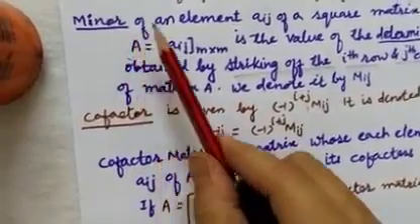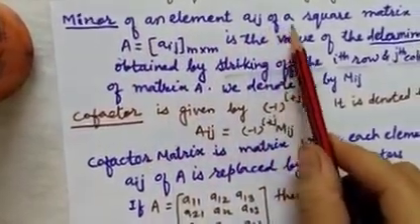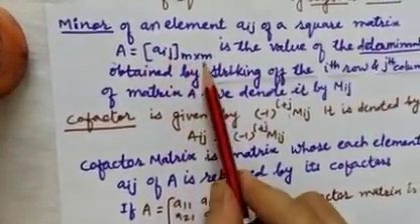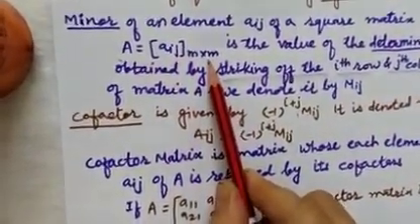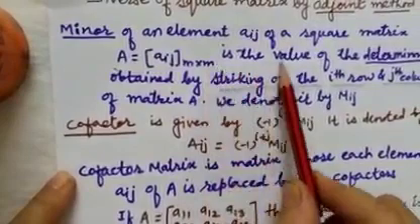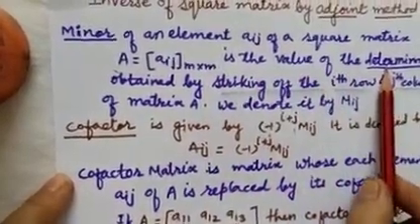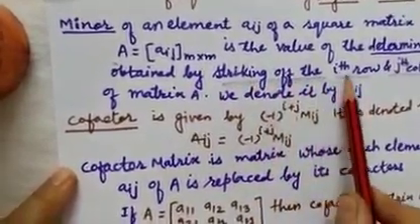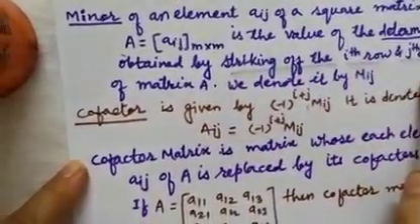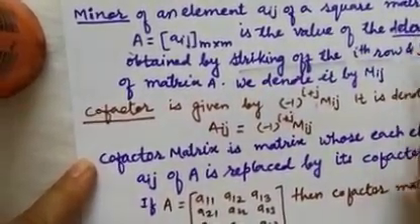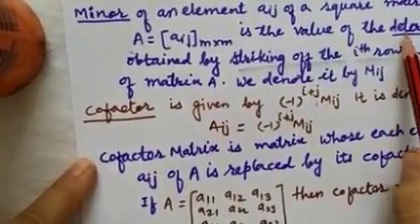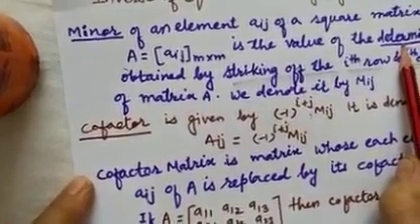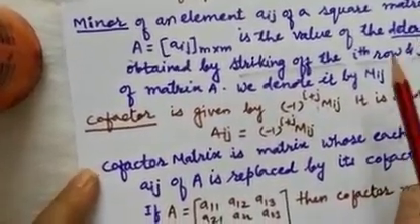What is a minor? The minor of an element Aij of a square matrix A of order m by m, that means of the same order, is the value of the determinant obtained by striking off the ith row and jth column. Remember, we can find this value with the help of a determinant. And how do we obtain the elements of the determinant?